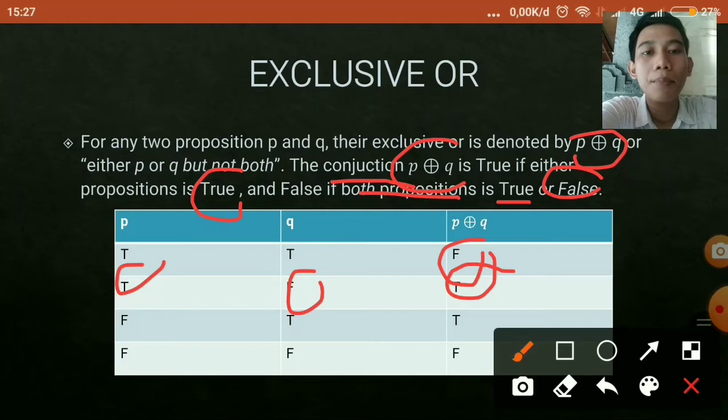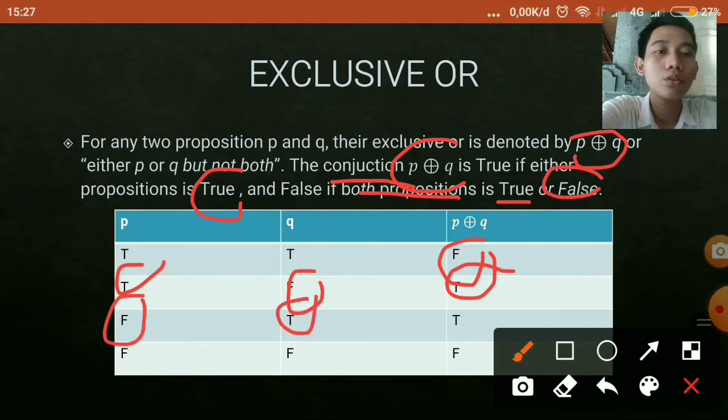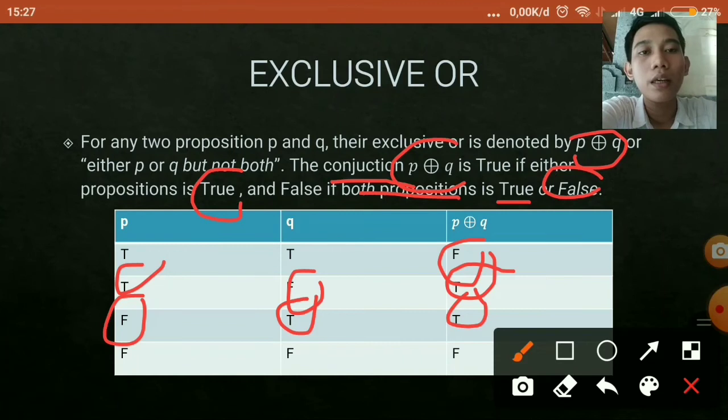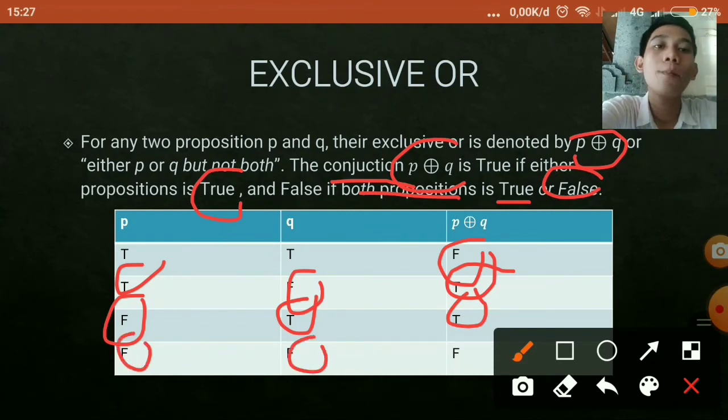If P is false and Q is true, then either P or Q but not both is true. If P is false and Q is false, then either P or Q but not both is false.